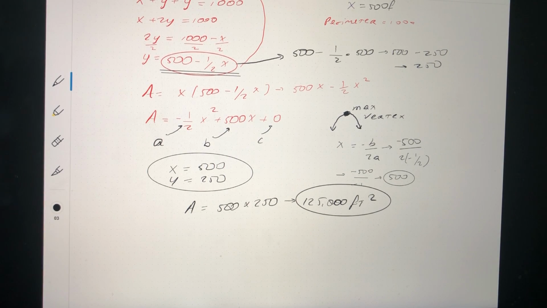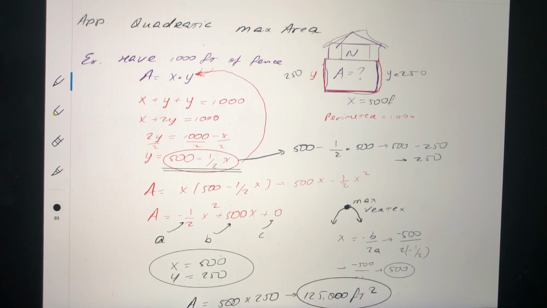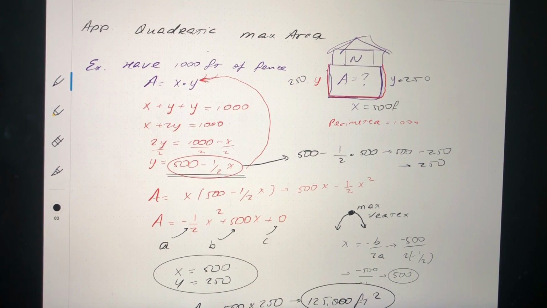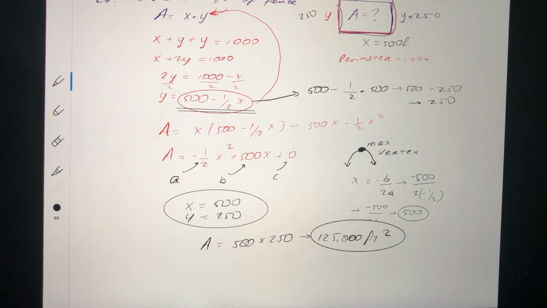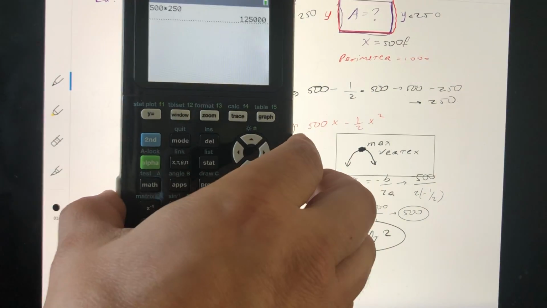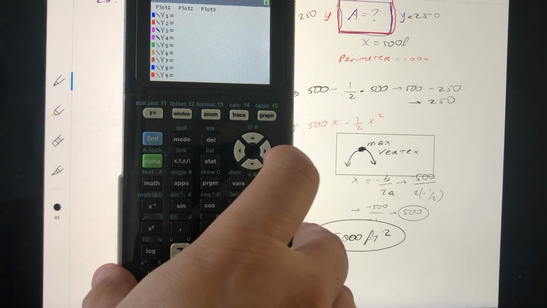What is the maximum area of the garden? Now we can also use the calculator to find this point here, because we can make this sketch. So let's do that. Let's start with our original equation and make a sketch of it. So here is the y. Let's clear this.